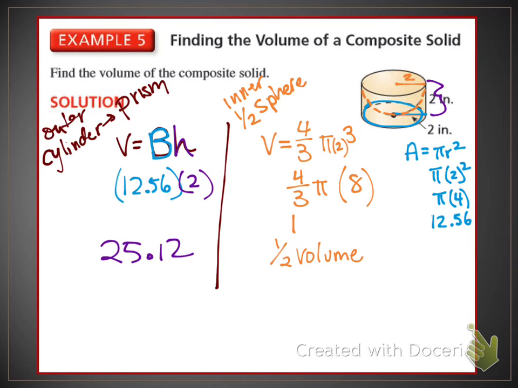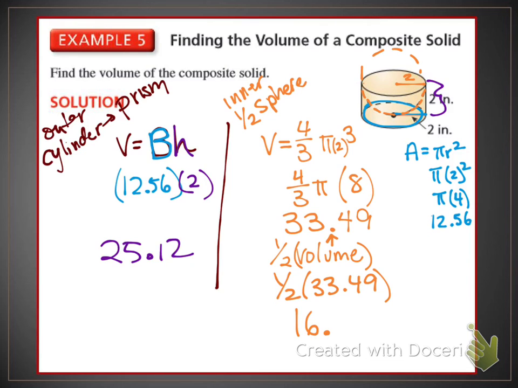16.75. It is not. I'm not doing the half yet. I'm asking the whole volume. Oh. If all of this were filled in, the volume would be 33.49. But we only want half the volume, so we are going to half 33.49, which then makes 16.75.